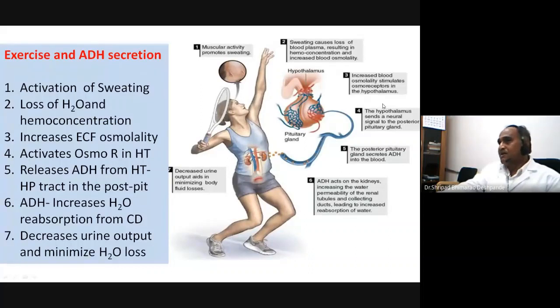These are all listed here in this graph, because they are too small to be seen. This increased osmolality activates the osmoreceptors in the hypothalamus. These osmoreceptors activate the hypothalamo-hypophysial tract to release ADH from the posterior pituitary.